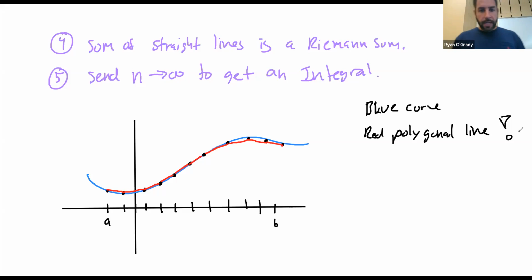So let's label these guys. You might remember that this is like x sub 1. We'll put a dot here. So this would be like x sub 1, x sub 2. This would be 3, 4, 5, 6, 7. Let's look at x sub 8 to x sub 9. So on the next page, we're going to zoom in on this piece.